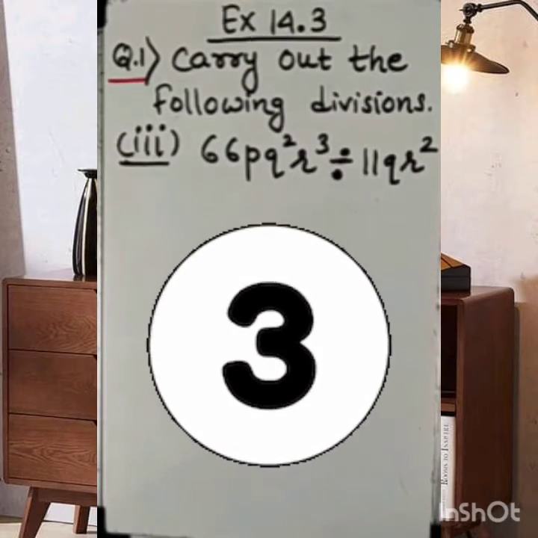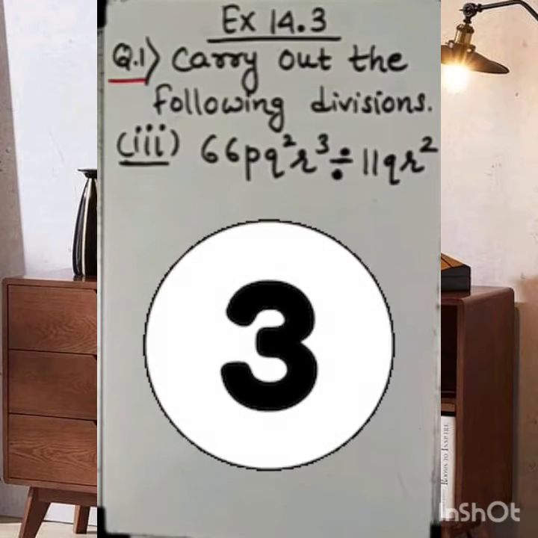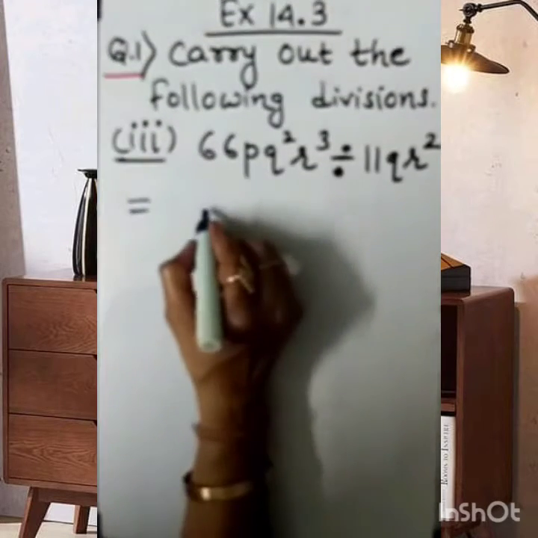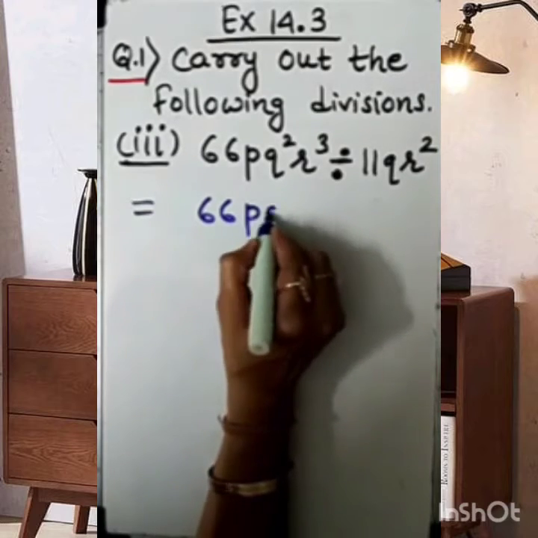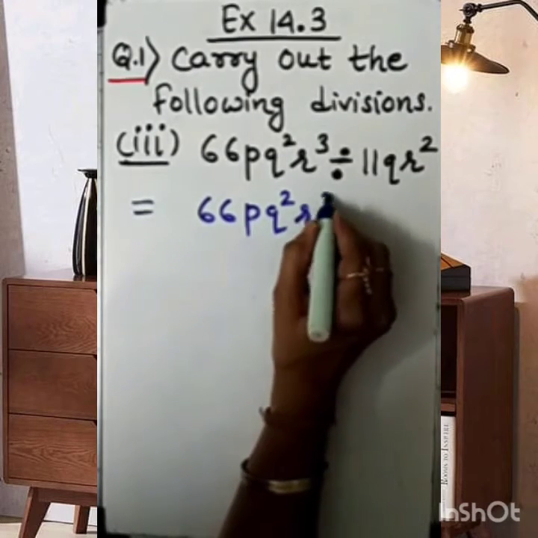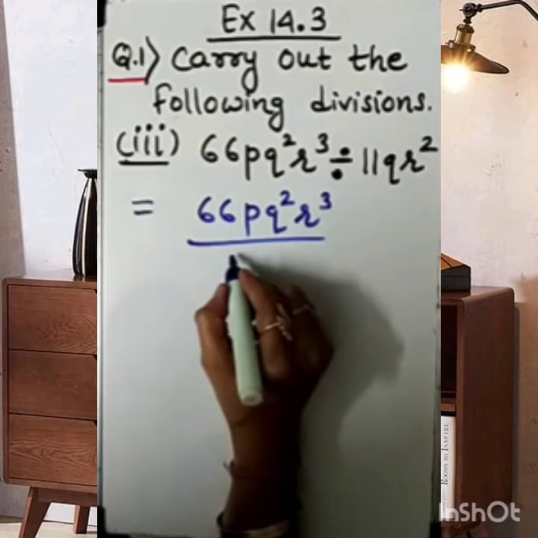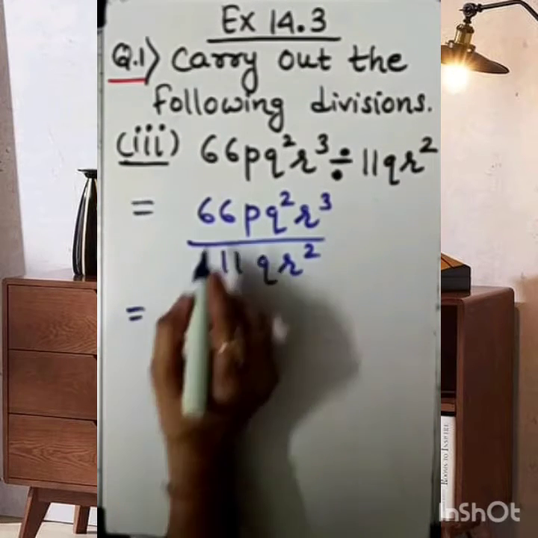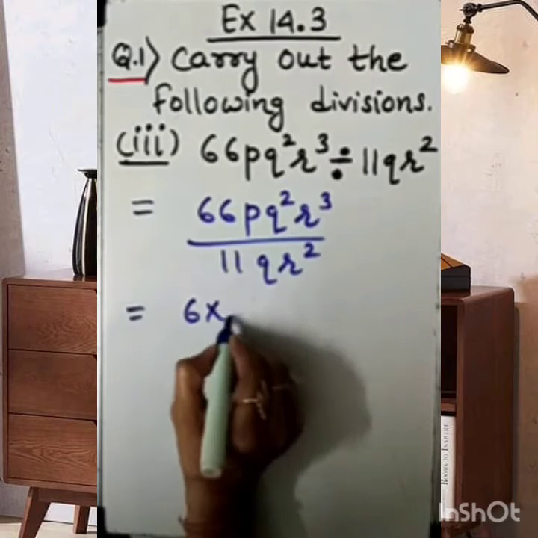Third, we are given 66p q square r cube divided by 11q r square. So, my dear student, I need to write here 66p q square r cube upon 11q r square. So, 66 can be written as 6 into 11.